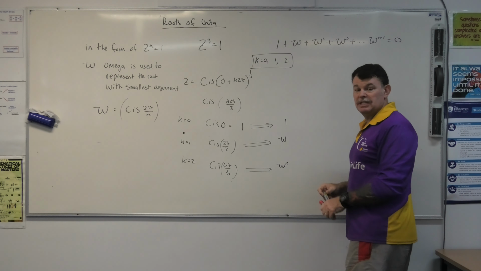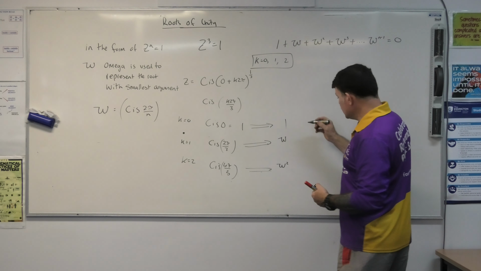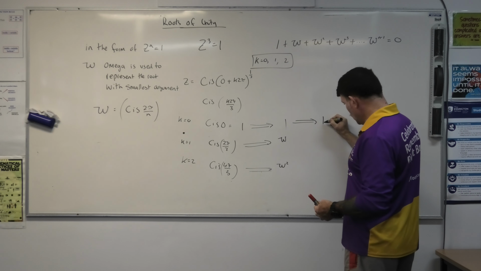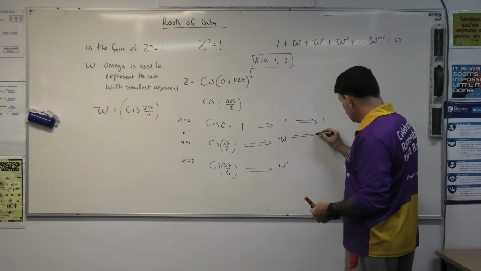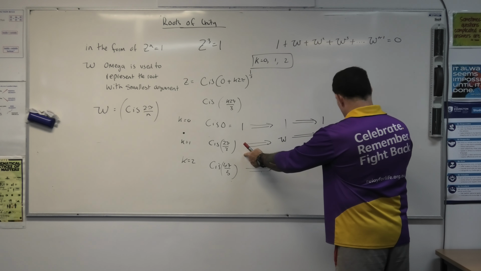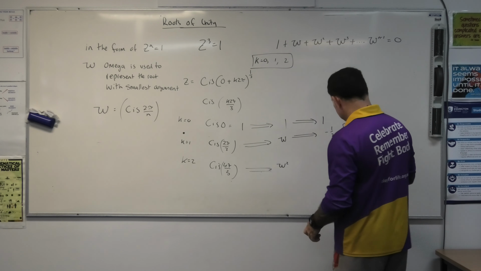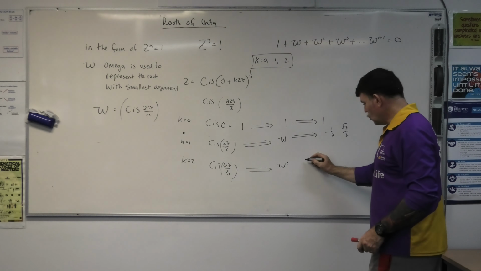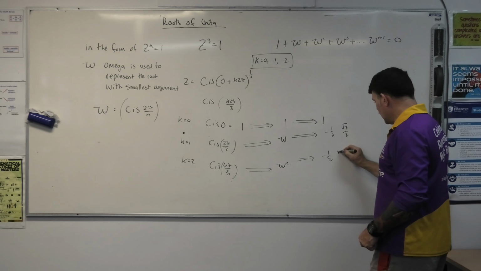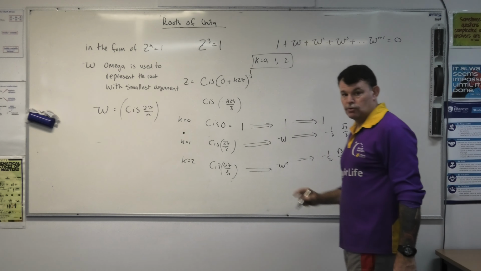If we remember the work we did from the last lesson as well, we knew that the coordinates for this was 1. The coordinates for this one was negative half plus root 3 on 2. And the coordinates for this one, negative half and root 3 on 2.